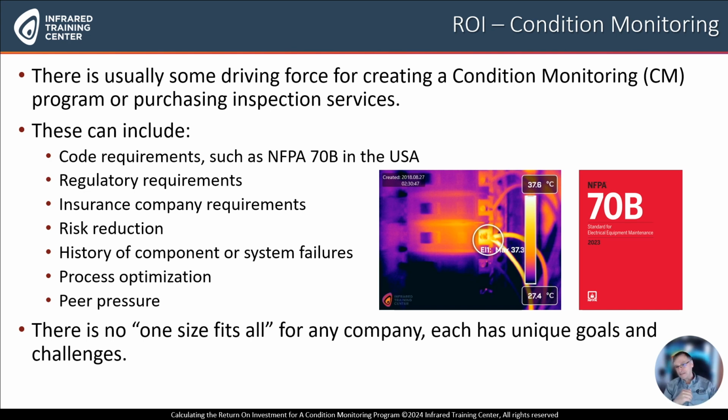Peer pressure. The facility over in the United Kingdom has created a really good condition monitoring program, and they want us here in our country to do the same. And so that's the type of peer pressure, okay? And there's no one size fits all for any company. Everybody has unique goals and challenges.